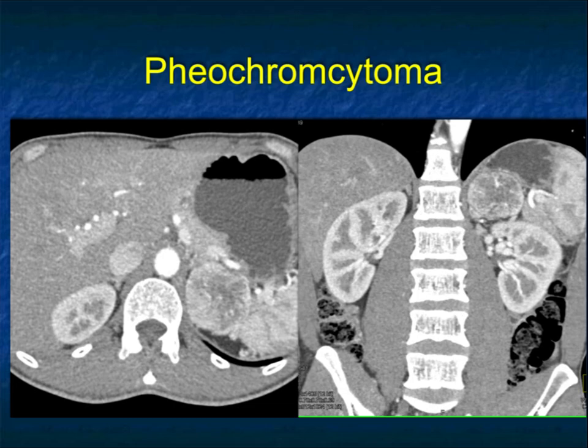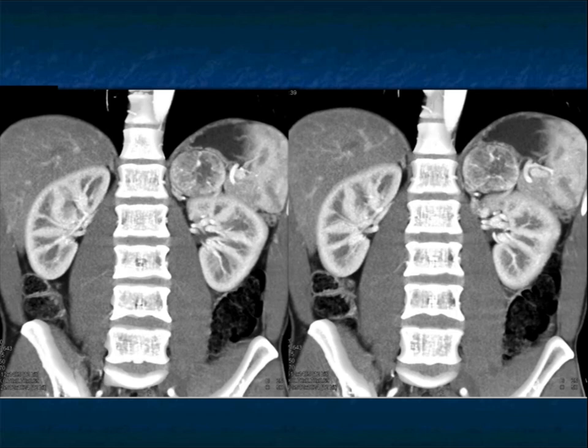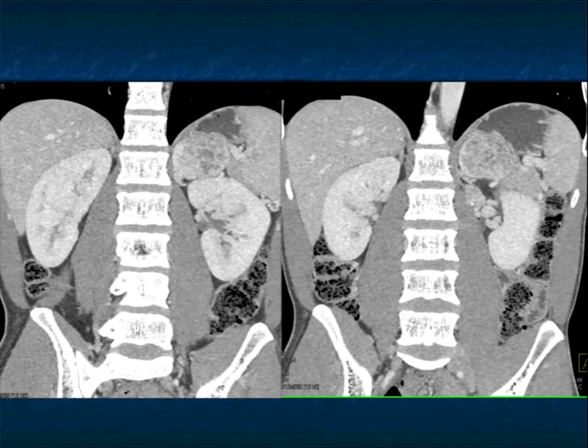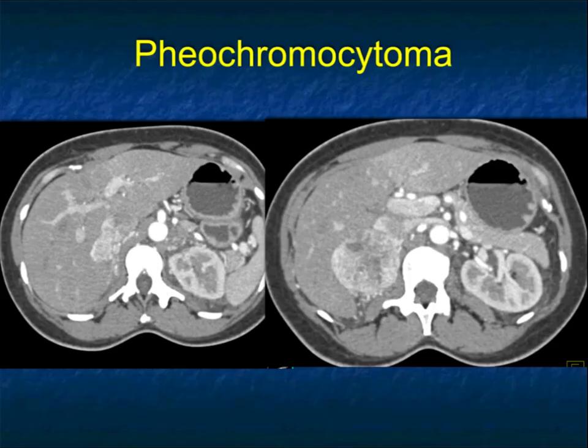Again, another case, hypervascular left adrenal lesion, some areas of central necrosis. So I think it's important to realize as pheos get larger, they will maintain often their vascularity, but can have areas of cystic necrosis. And the vascularity, although it decreases, can often maintain itself as you go through the various phases.